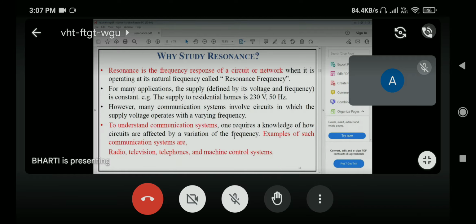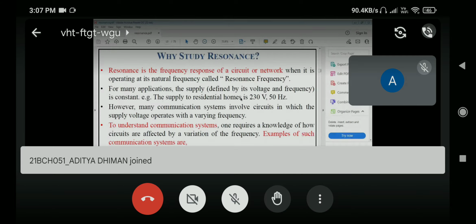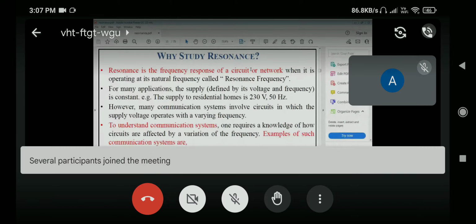So that is how we can say the application of resonance is there. Now comes resonance, that is the frequency response of a circuit or any network for that matter, when it's operating at its natural frequency. That particular frequency we could name as the resonant frequency.